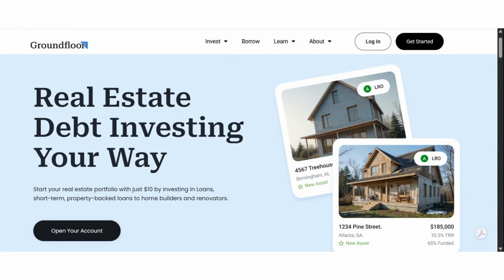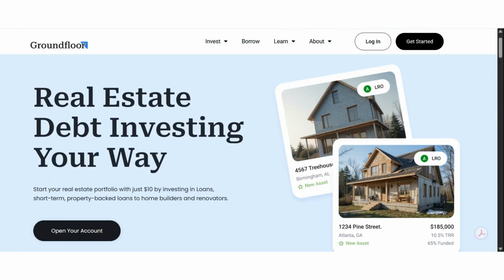Groundfloor started only with loans way back, I want to say 12 years ago, when they opened up this platform. Essentially, they are the lender, and it's for anybody who wants to do things like flip a property, or just a home builder building a brand new house and then looking to sell it.